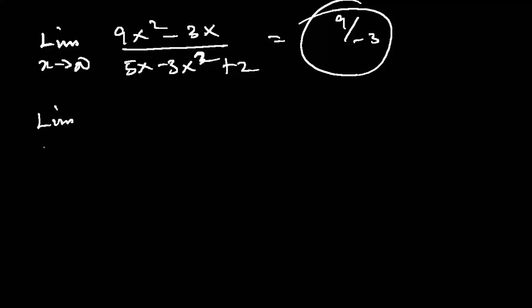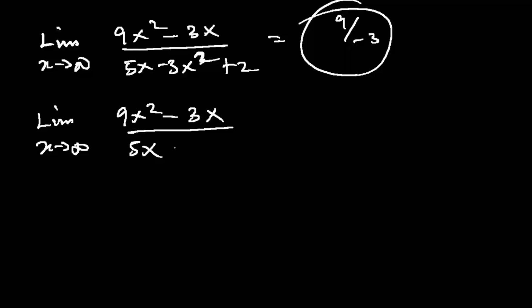So this is going to be the limit as x tends to infinity of 9x squared minus 3x divided by 5x minus 3x squared plus 2. So what's the highest power in the denominator? That's x squared. So multiply both numerator and denominator by 1 over x squared.